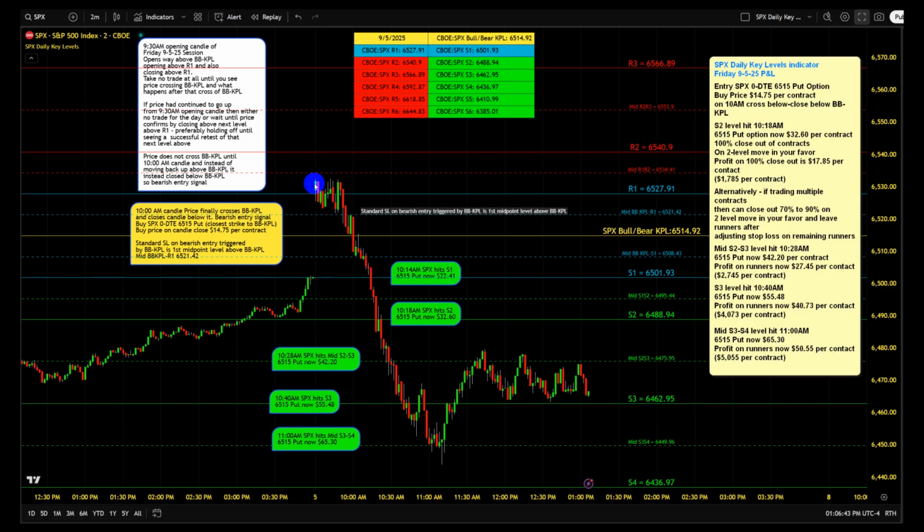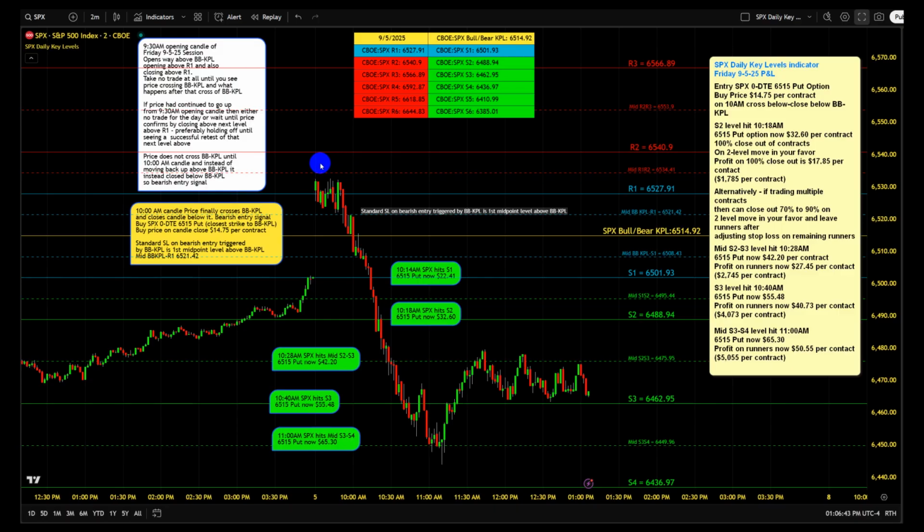If you were of the mindset that you did want to take a trade based on this gap up, then as I've noted here in this note, let's say this was a session in which we gapped above and continued moving above for the rest of the session, and there was no retrace back down to the bull bear key price level. What you're looking for there is you want to see price continue up and close above the next level above.